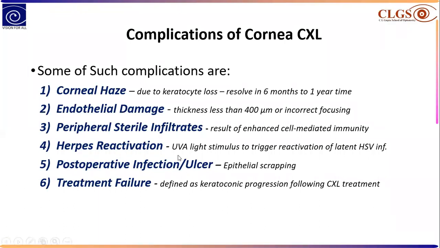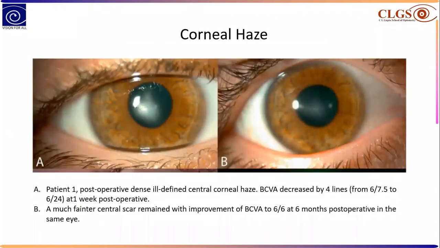It has been shown that UV radiation can reactivate latent herpes. Postoperative infectious ulcer is always a possibility because we are removing the corneal epithelium. And the last could be treatment failure. You did CXL, but after 1 year you are seeing the keratoconus is still progressing. So that is a treatment failure.